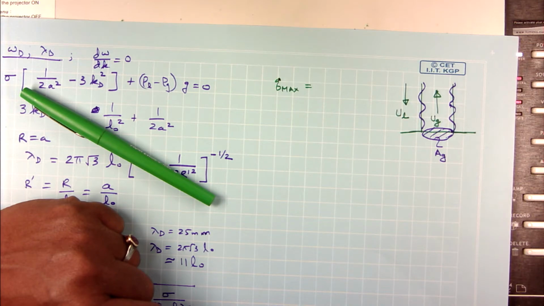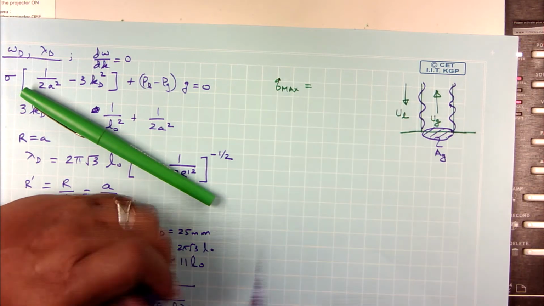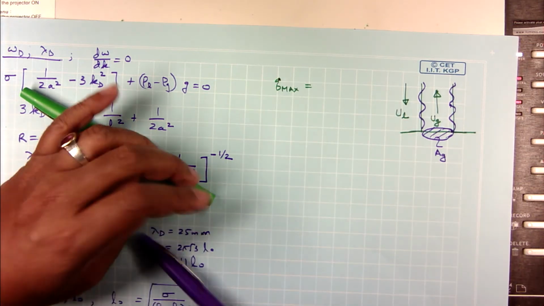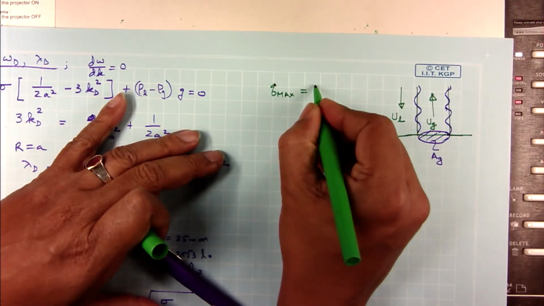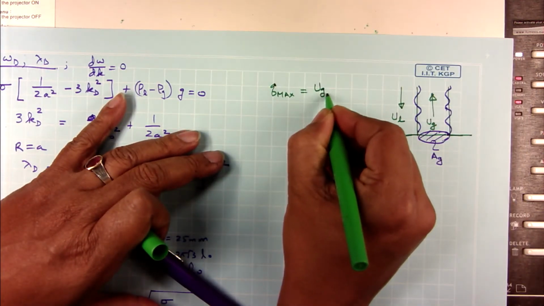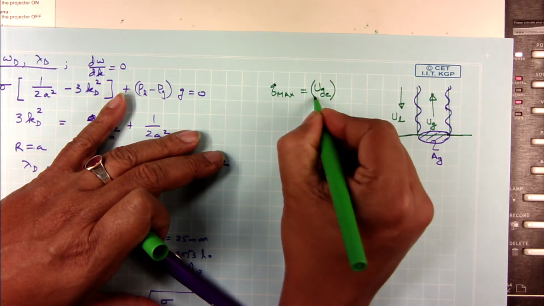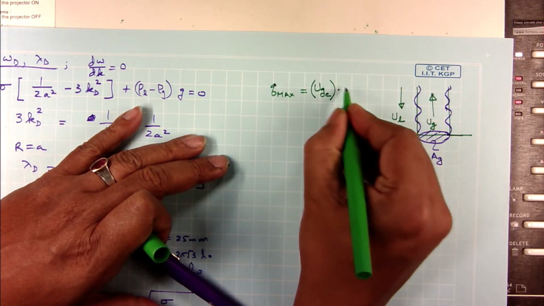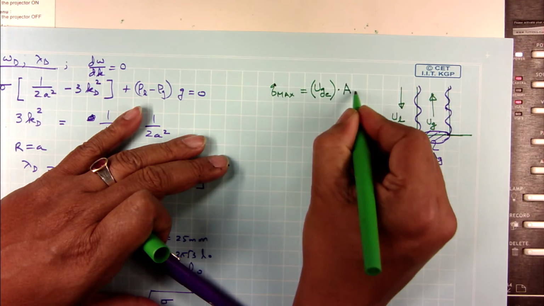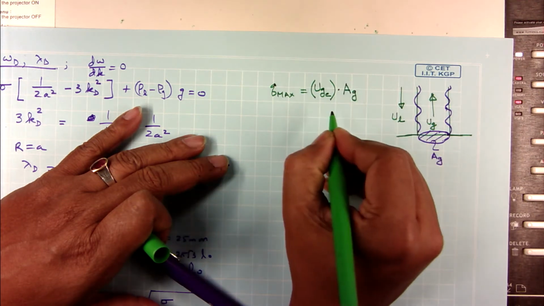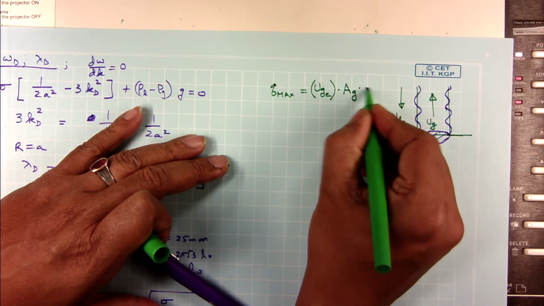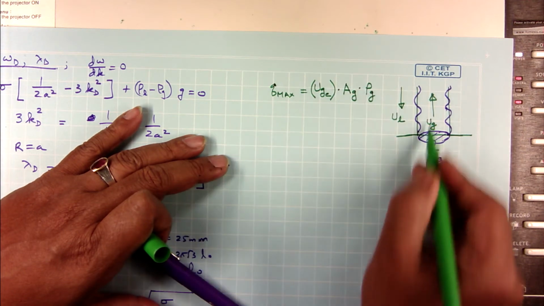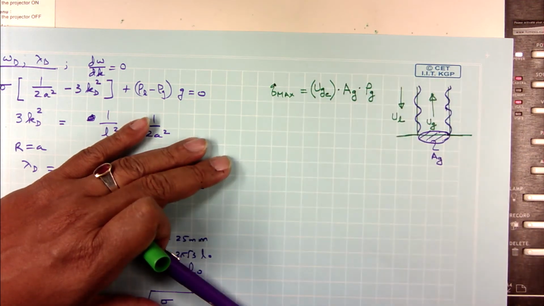So in other words, I can write my Q max to be equal to this critical velocity UGC that comes from Helmholtz instability, times the area of the jet, times rho g, which gives the total mass flow of the vapor leaving the heater surface.